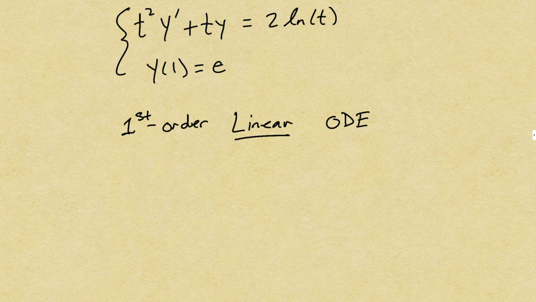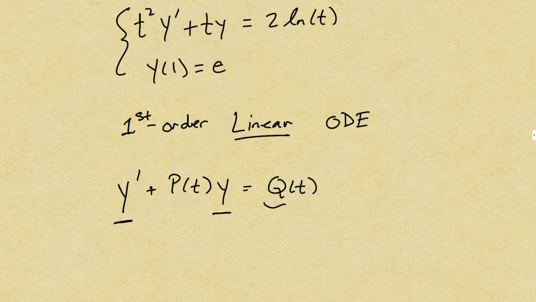It's a first derivative of y, plus some function of t times plain y, equals some other function of t. The only spots where we have y are here and here. The rest are only functions of t.